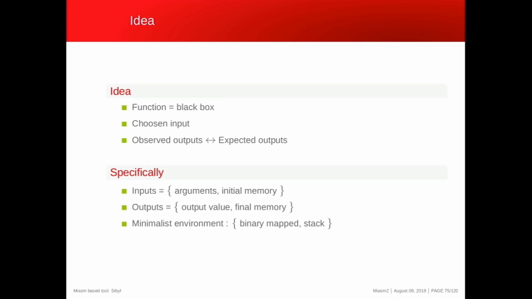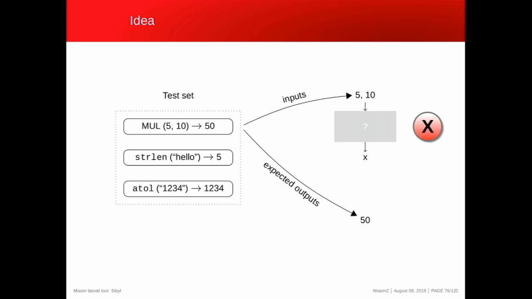We'll choose the input, that is to say the arguments and the initial state of the memory, run the function in a minimalist environment, that is to say just a stack and the binary mapped, and if it reaches the end, we'll check the output value and the output memory, the final memory. If it matches the expected one, we can say, okay, it's maybe the function that we are considering.